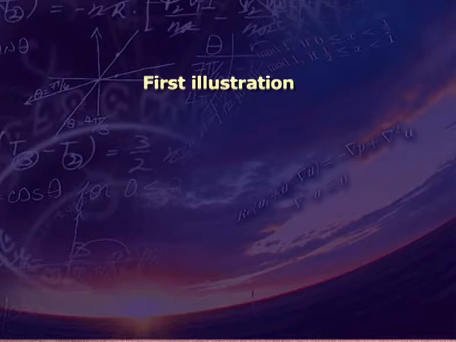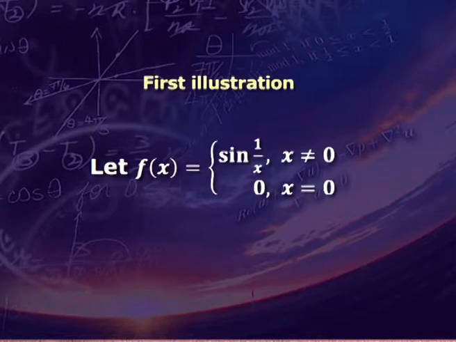However, graphs are not always useful to decide the continuity of a function, especially when the function oscillates a lot. We take two illustrations to understand this. First illustration, let f(x) be equal to sin(1/x) when x is not 0 and 0 when x is 0.